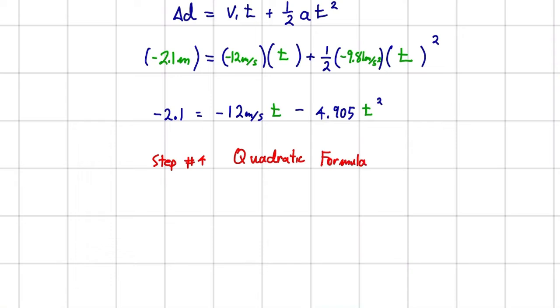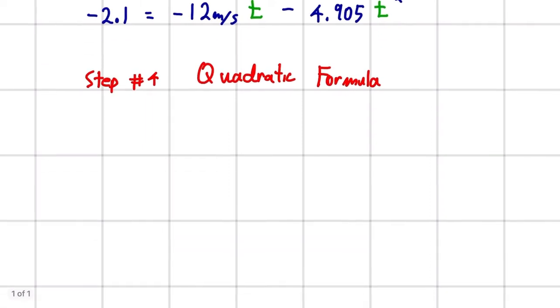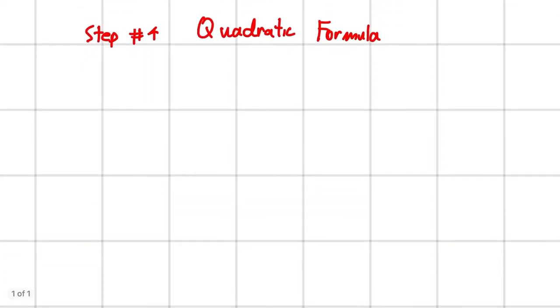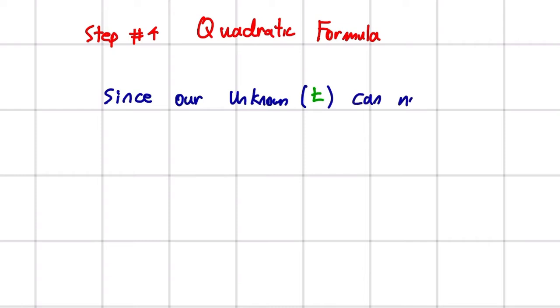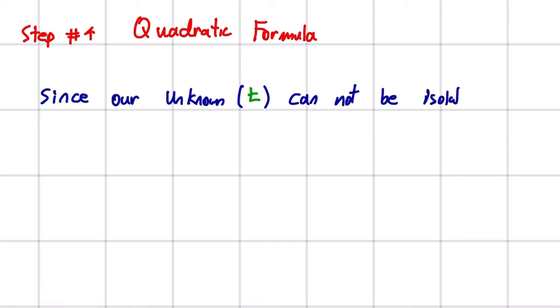Now you should remember this from your math class, but if not, I will rewrite it out here for you. But the reason is because our unknown, which is t, cannot be isolated, because of that, we must use the quadratic formula.